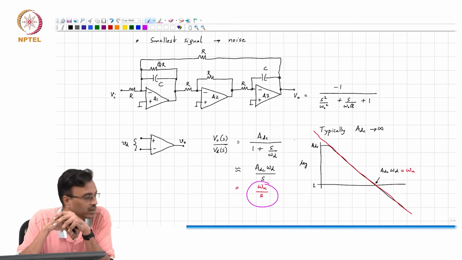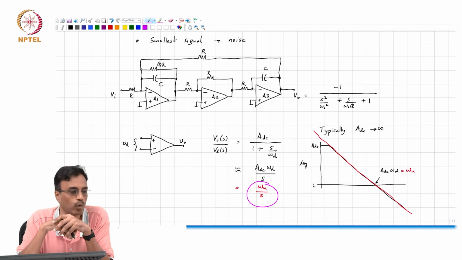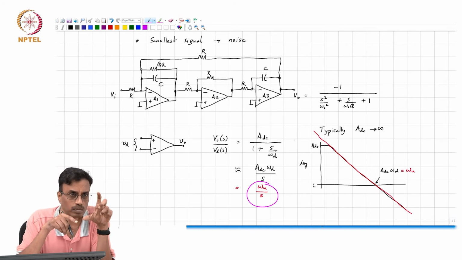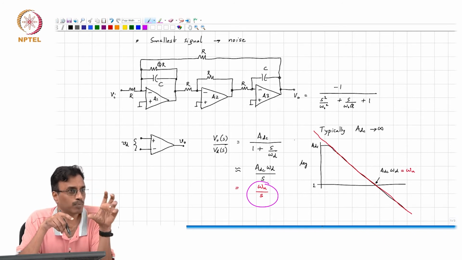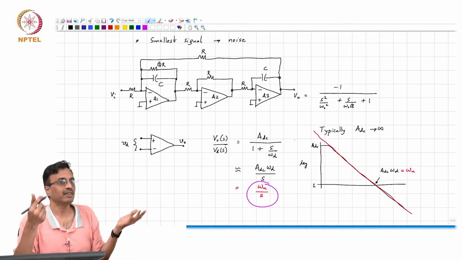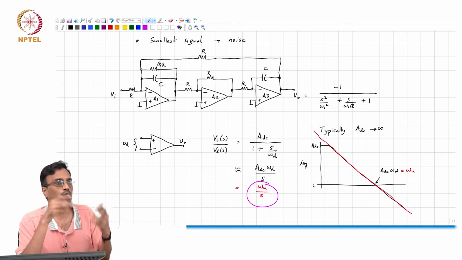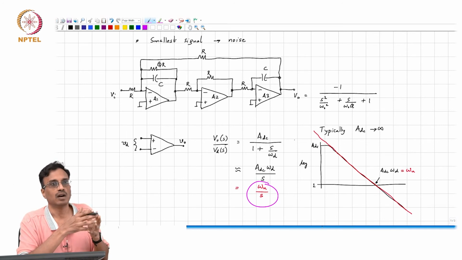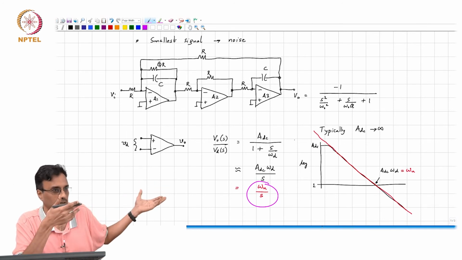Remember that this notion of quality factor, etc., all pertains to, Q pertains to a second order pole pair, right. So, it does not make sense to talk about what would be the Q of my filter, since we now have a fifth order transfer function, right.